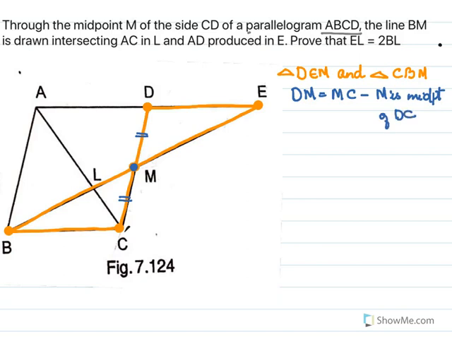In the second step, we will take angle E equal to angle B, alternate angles. So angle E equal to angle MBC, and the reason is alternate angles.